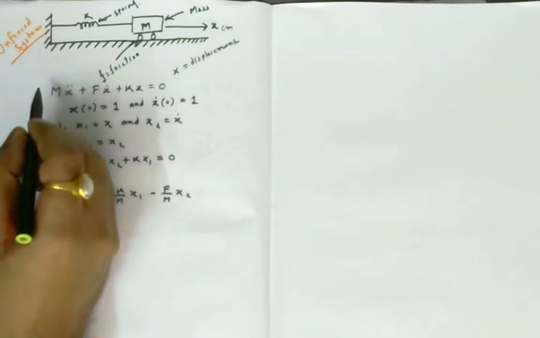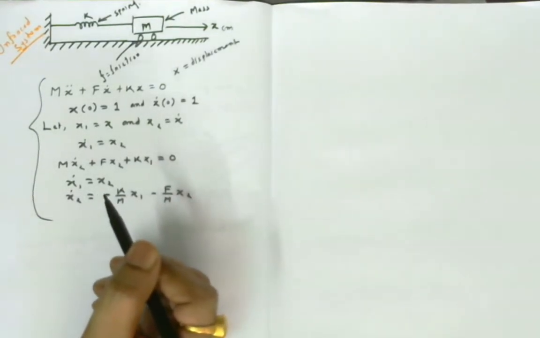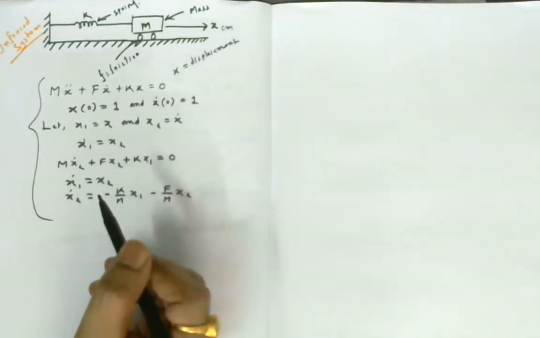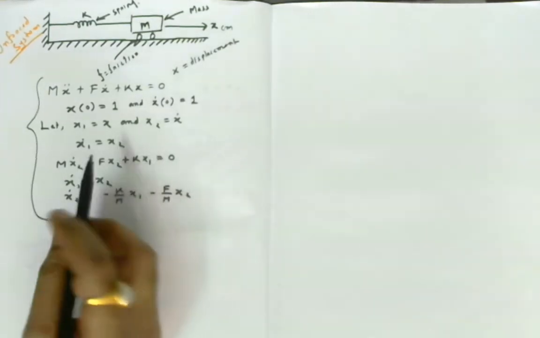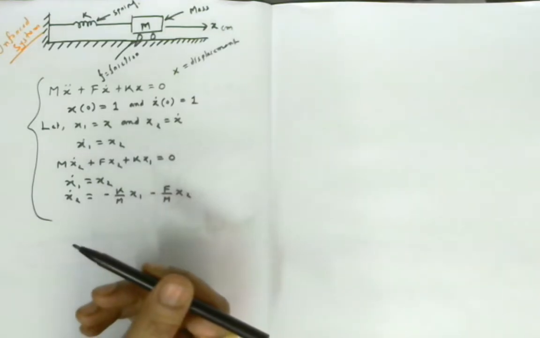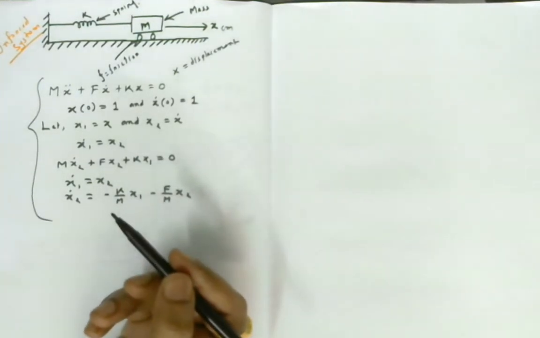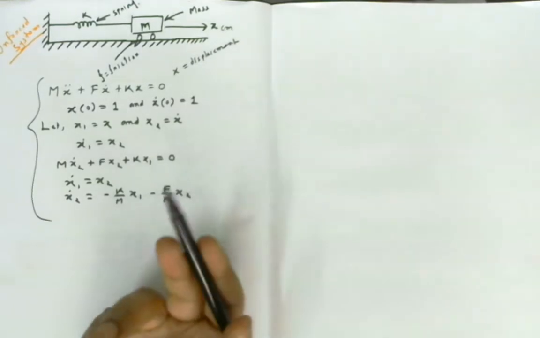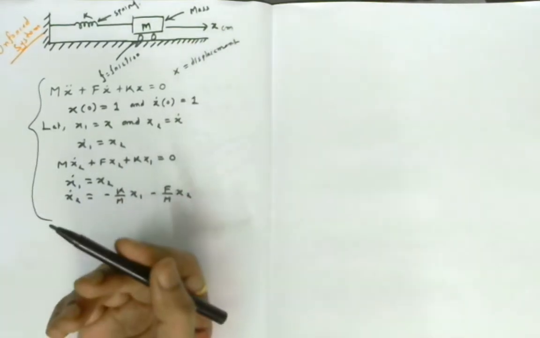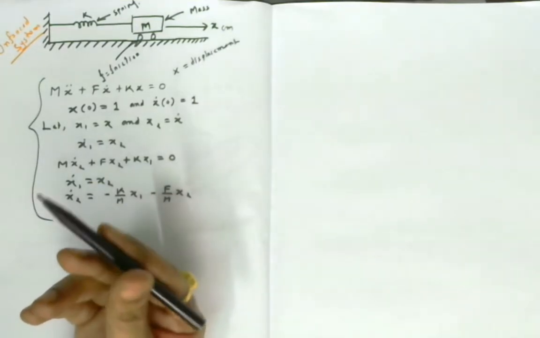Try to remember the theory of state space, where one day I discussed the solution of the homogeneous equation and the non-homogeneous equation. Solution of the homogeneous equation means the unforced system, and solution of the non-homogeneous equation means the forced system.